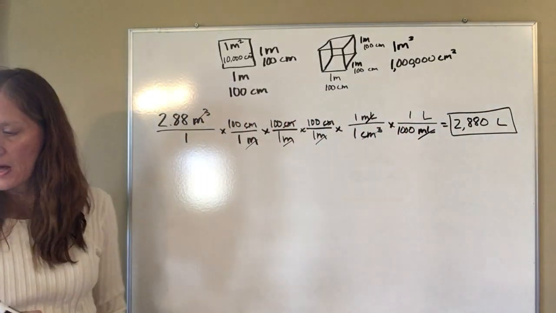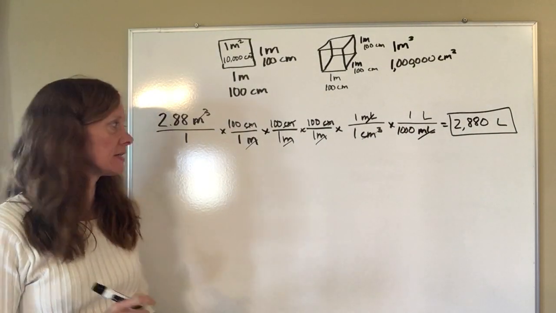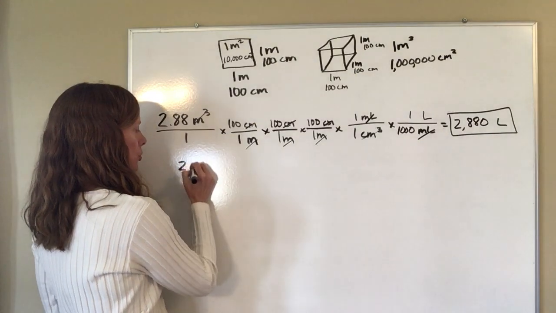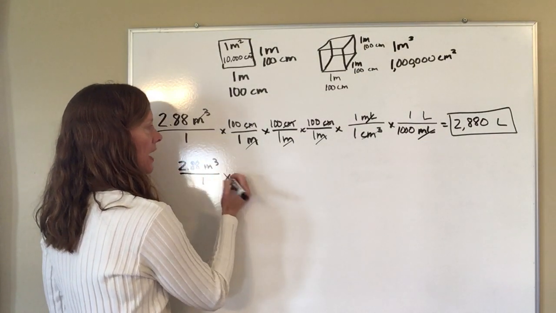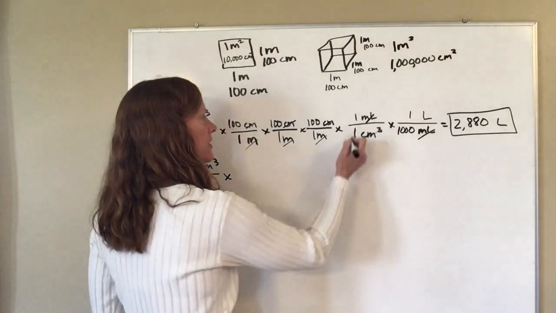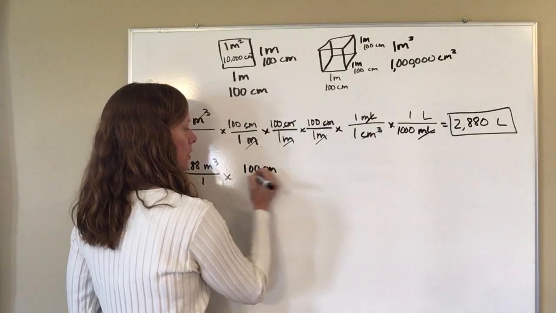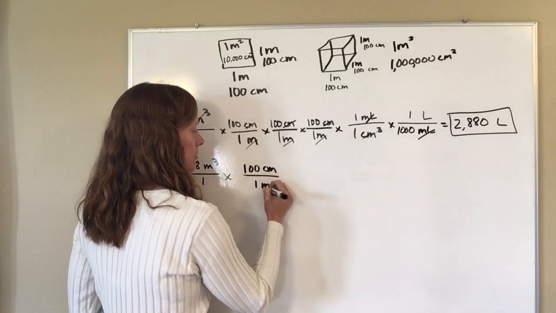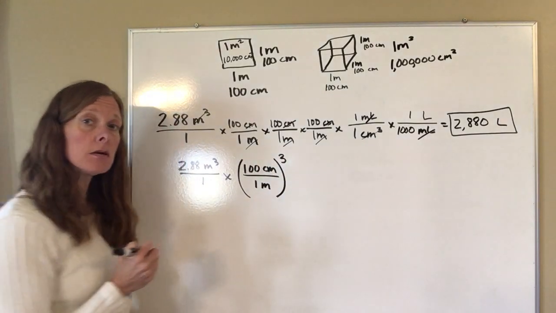Okay, so that is where he gets what he wrote in his example as 2.88 cubic meters times, he took all three of these and he put them into one conversion, 100 centimeters per 1 meter, and he took the whole thing and he cubed it.